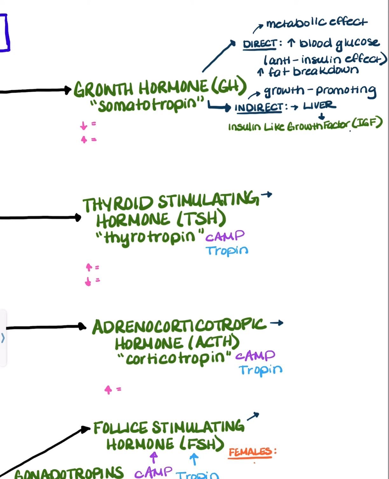And the insulin-like growth factor has some targets as well, and those predominantly are going to be skeletal and cartilage tissue. So it's going to increase skeletal and cartilage growth.